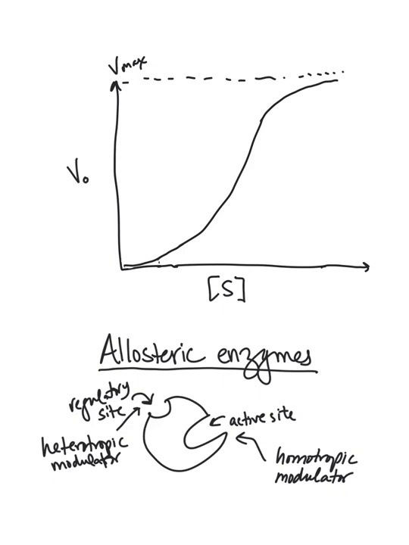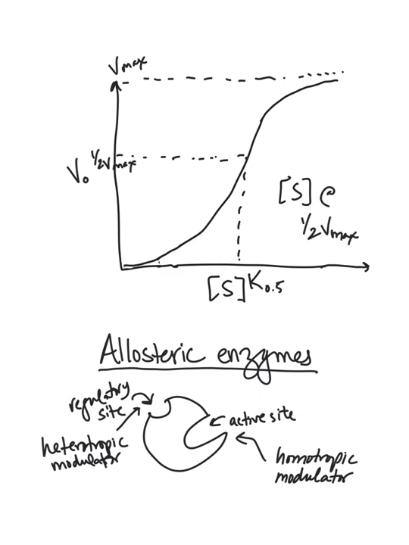But instead of saying Km, because this isn't Michaelis-Menten kinetics, that substrate concentration at half maximum velocity has a different name. It is K0.5. And so that is the substrate concentration at half Vmax. And so this may change as a result of a positive or negative modulator.